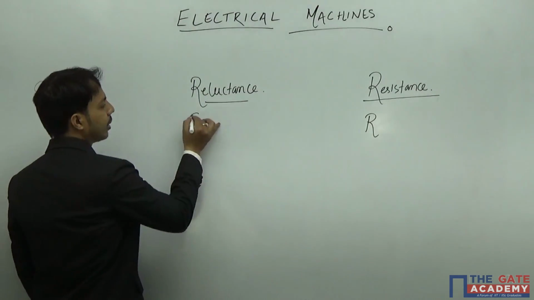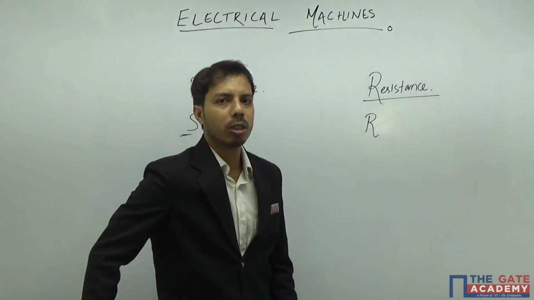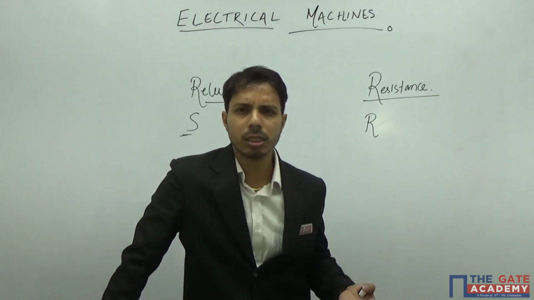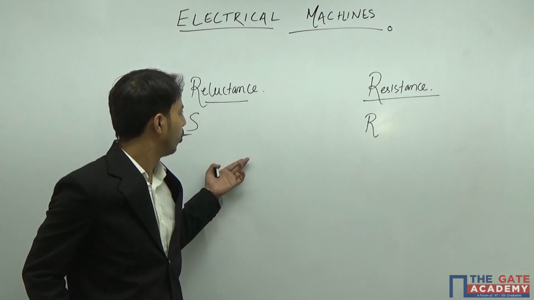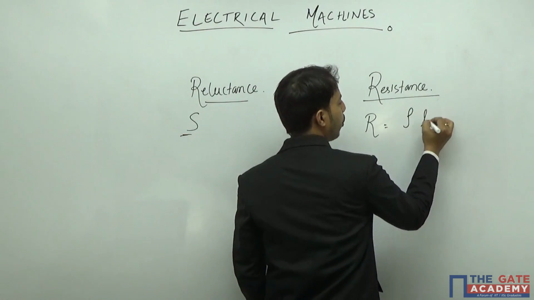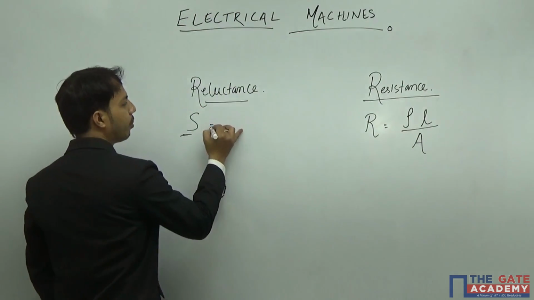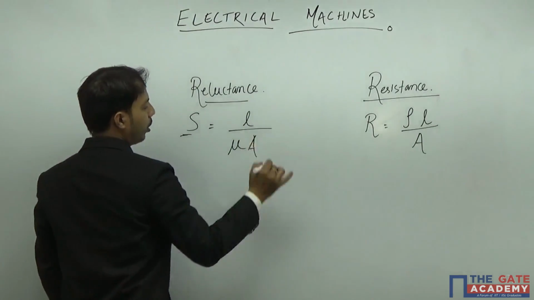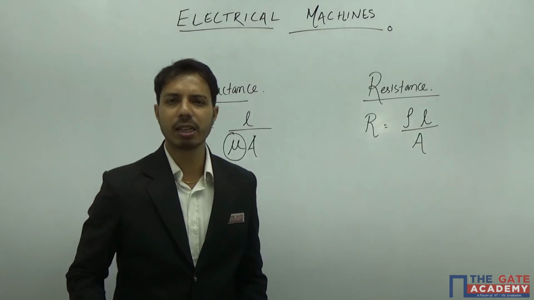Similarly, reluctance S is called the property of a material to resist the flow of magnetic flux. So you see, resistance R is given by rho into L by area A. Similarly, S is given by L by mu into A, where mu is the permeability of that material, which can be calculated.